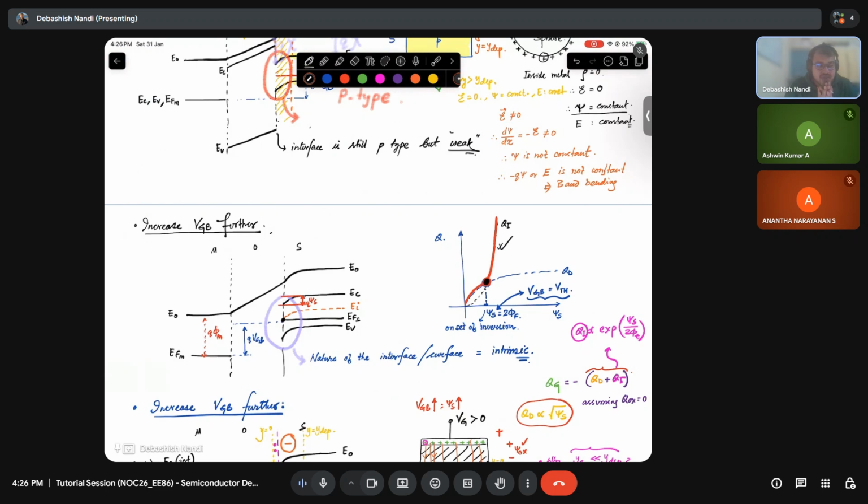So far whatever we have discussed, I hope you will be able to draw the MOS capacitor band diagrams, right? I have only drawn the band diagrams qualitatively. There are some courses in your higher studies where you will learn to draw band diagrams quantitatively.